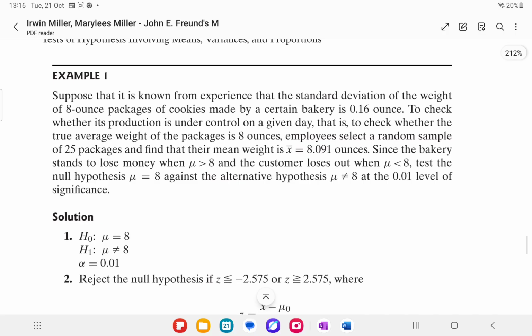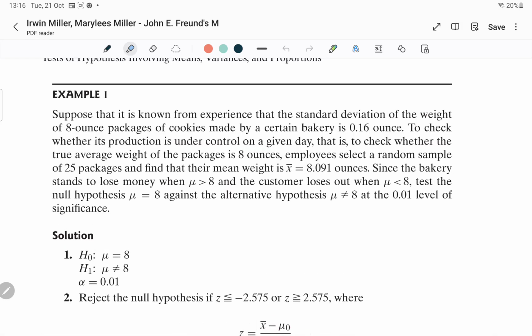Suppose it is known from experience that the standard deviation of the weight of 8 ounce packages of cookies made by a certain bakery is 0.16. To check whether its production is under control on a given day, that is, whether the true average weight of the package is 8 ounces, employees select a random sample of 25 packages and find their mean.